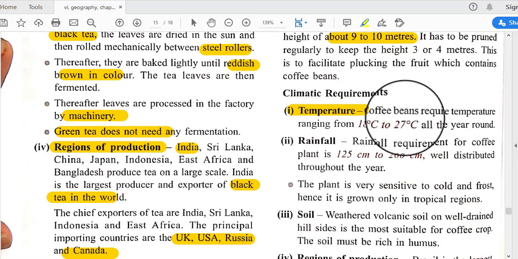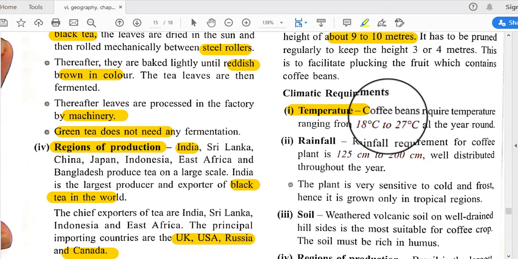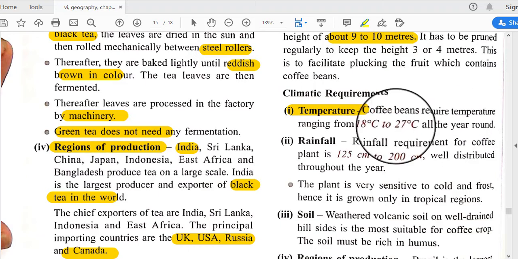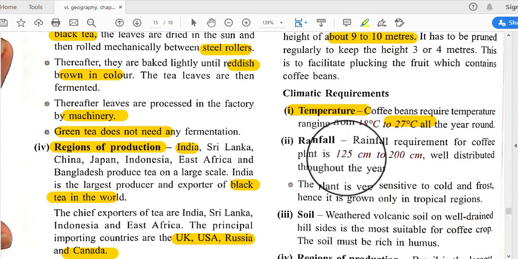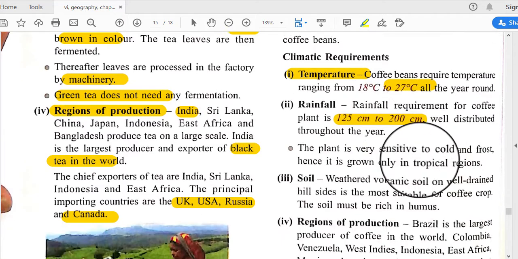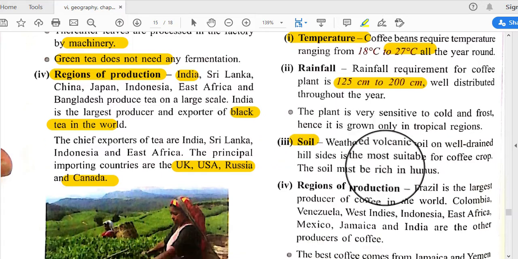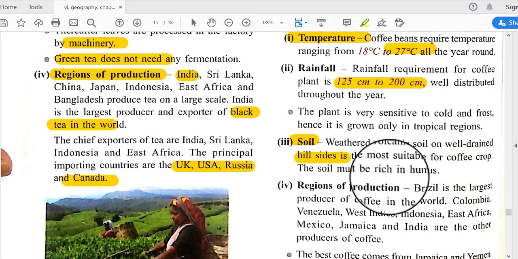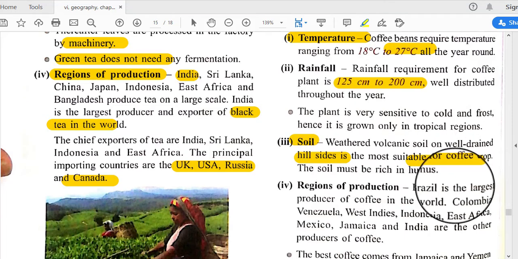Coffee beans require temperature ranging from 18 degrees centigrade to 27 degrees centigrade, and rainfall of 125 to 200 centimeter is suitable. For soil, volcanic soil and well drained hillsides are most suitable for the coffee crop.